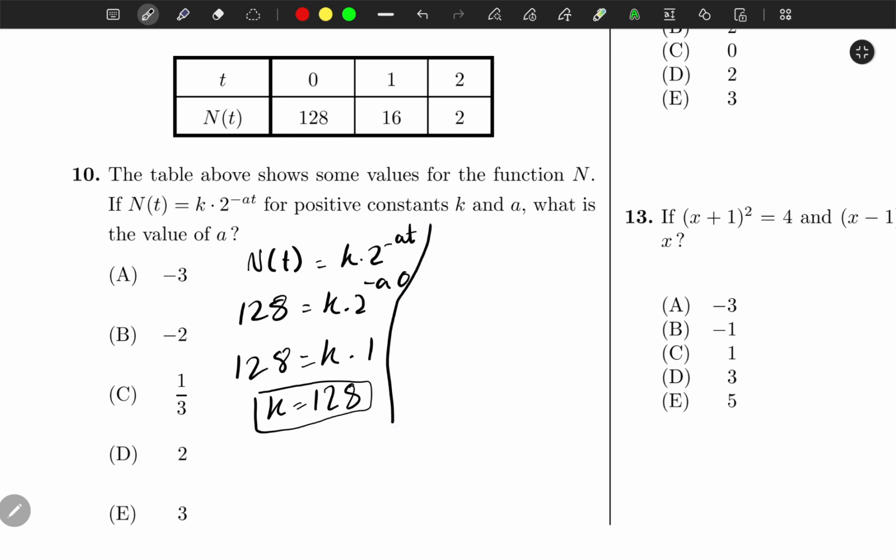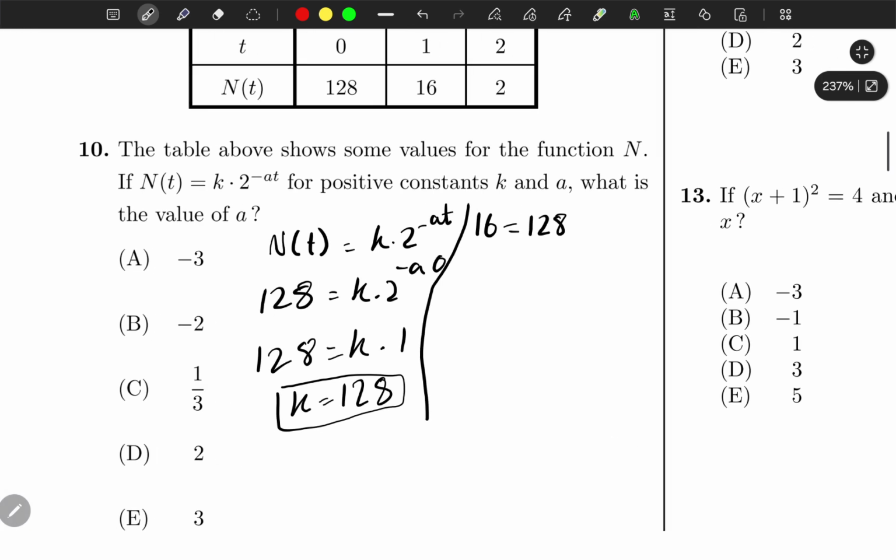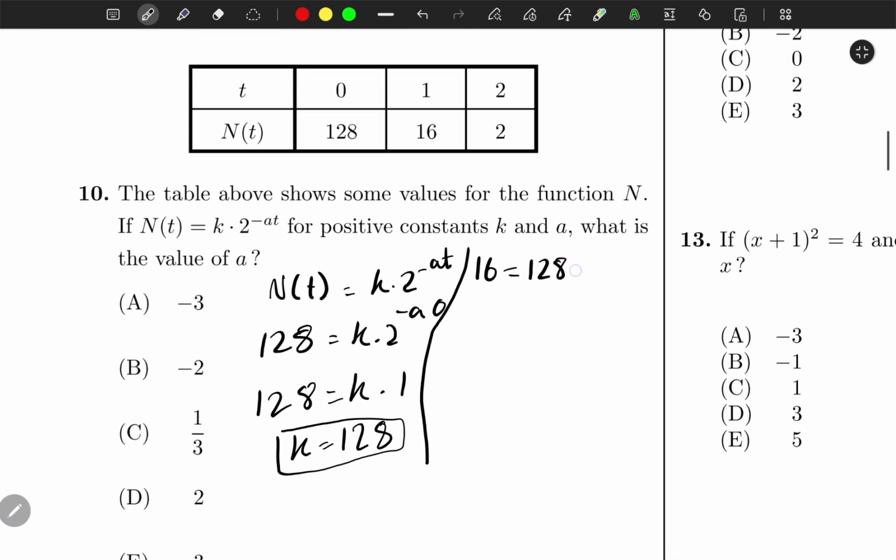So now for t equals 1, we have all the variables except a, so we'll find a from there. We'll write n is equal to 16 for t equals 1, and then we have k as 128, and we also have times 2 raised to minus a, and then that's it, right? Because it's multiplying with 1, we don't really need to write that down.